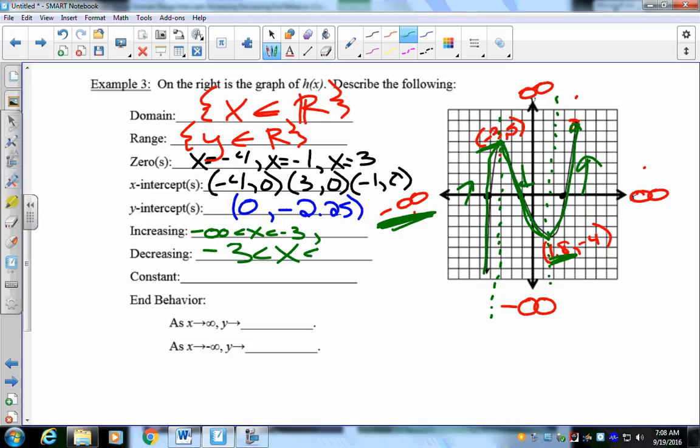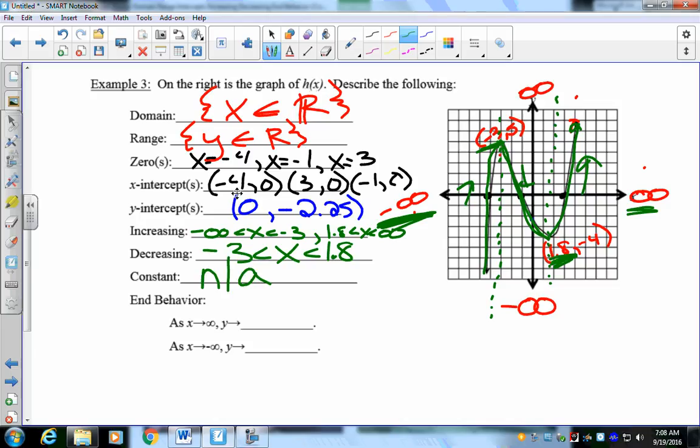That's telling me that between the x values of -3 and 1.8, my graph is decreasing. The y's are getting smaller. It's increasing again from the 1.8 to positive infinity. All right, I don't have any constants.